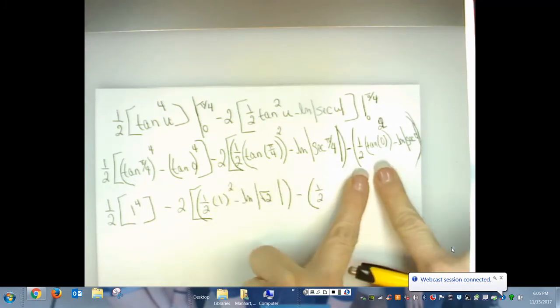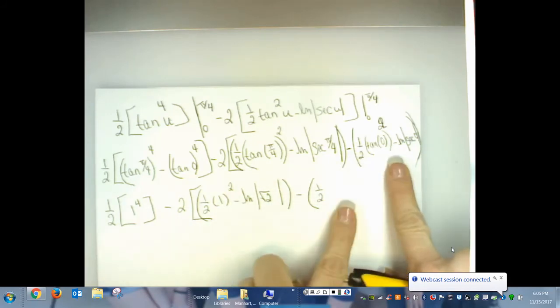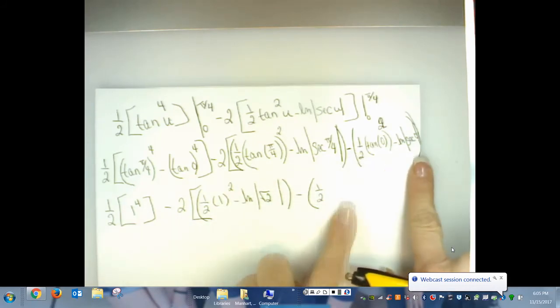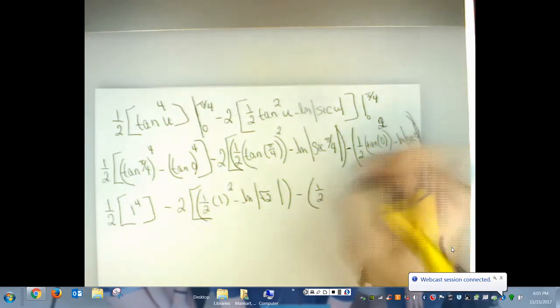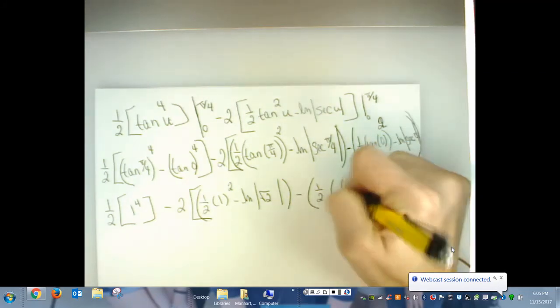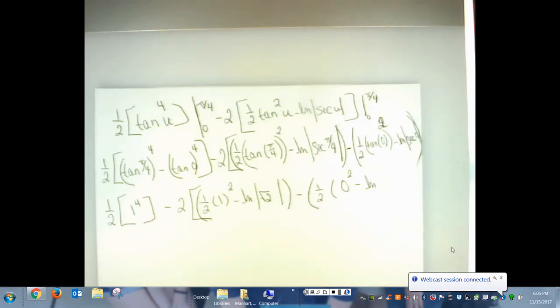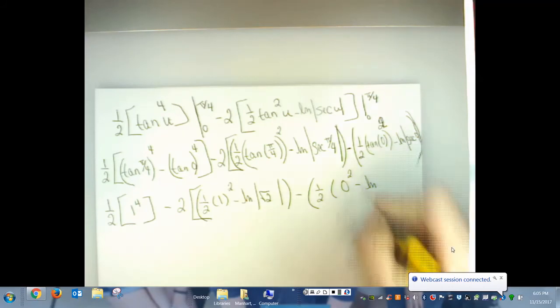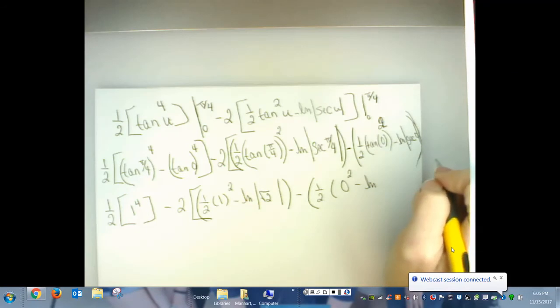And then 1/2 times tangent of 0 squared. So go back and make that change. Minus the natural log absolute value of secant 0. So that's going to be 1/2 times 0 squared minus the natural log of secant 0.